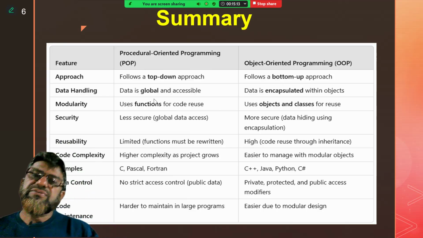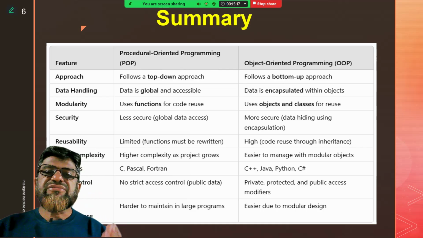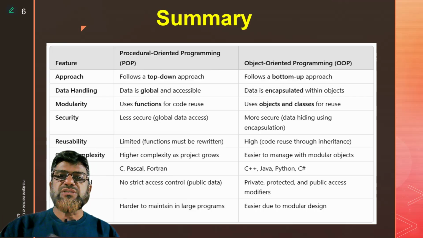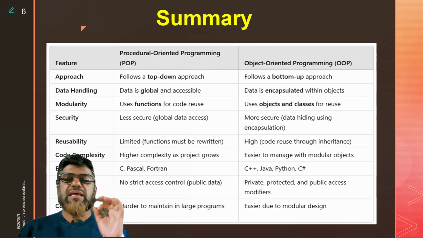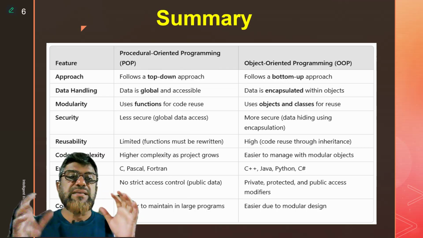Before this lecture I have already uploaded different types of programming techniques, near about 14 techniques, so please go through that. In that I have also given more detail on POP and OOP. But here now I want to summarize.